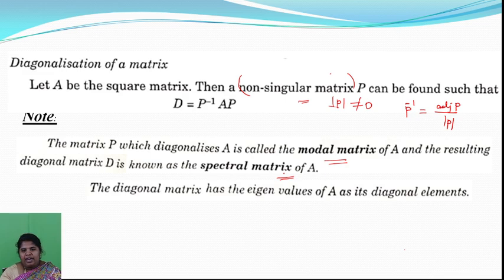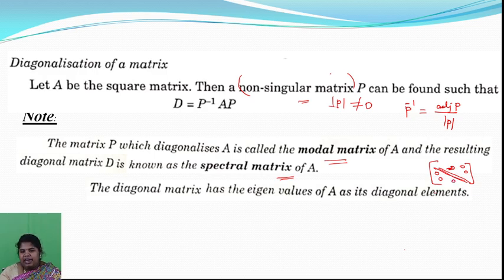Now the diagonal matrix has the elements only in the principal diagonal. You all know that a diagonal matrix has elements only in the diagonal, and the other elements are 0. So this is the diagonal matrix.